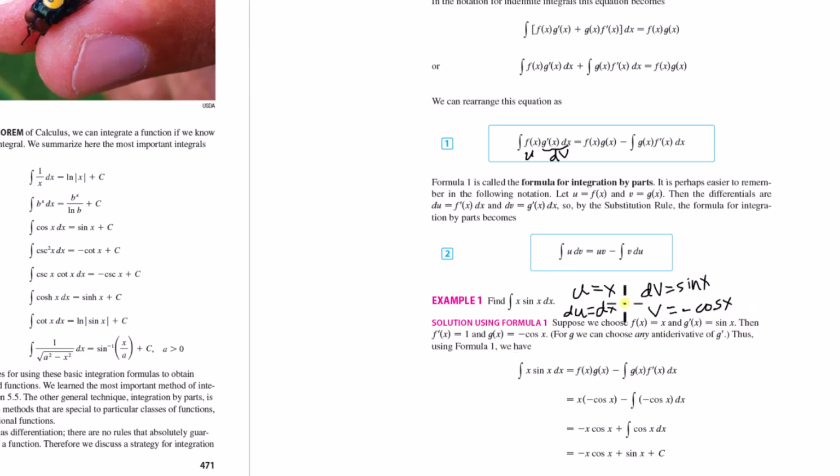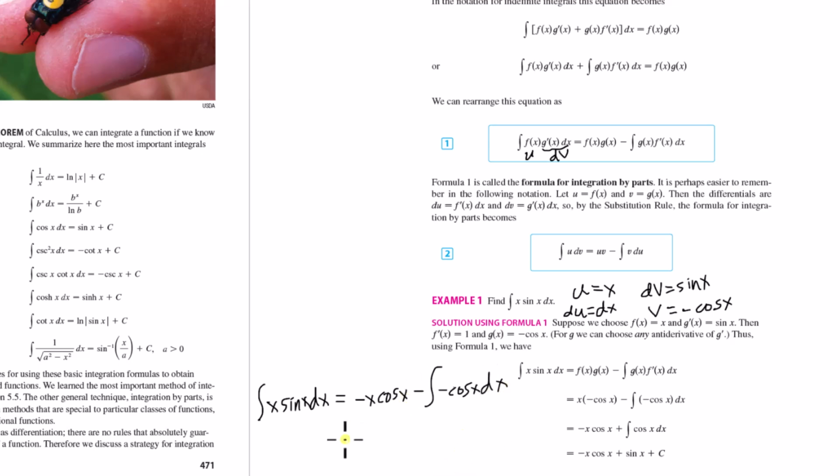All right, so from there, this integral x sine of x dx is equal to uv, so minus x cosine x, then minus the integral of v du, minus cosine x dx.